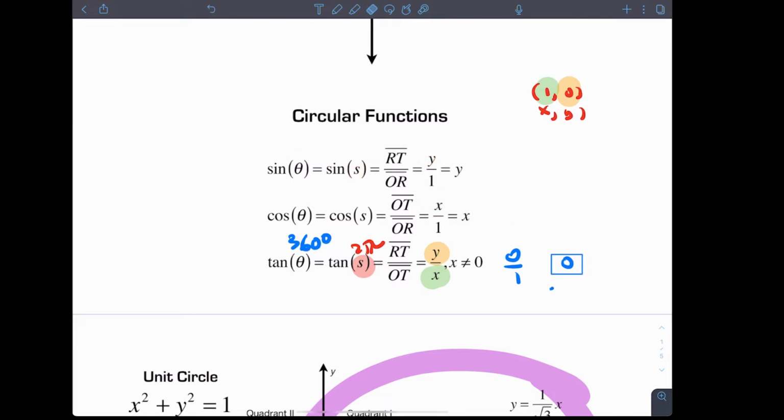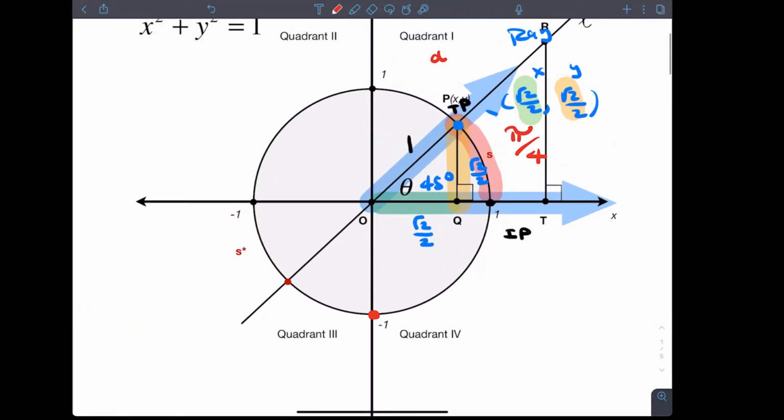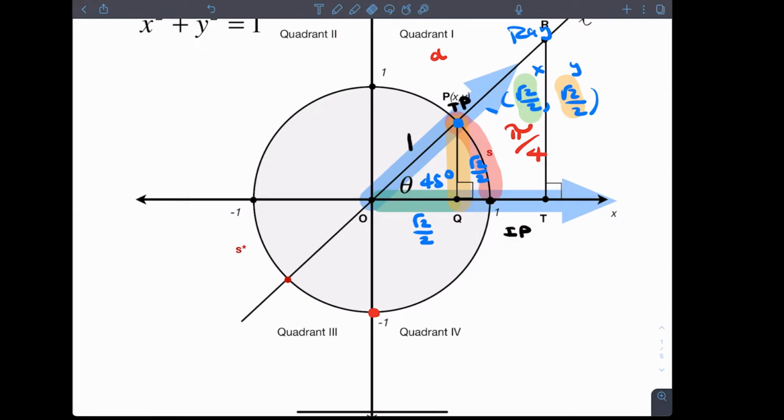You guys know where this all students take calculus comes from? Remember, this is all based on terminal points. Let's go back here. I'm going to do this for you guys.